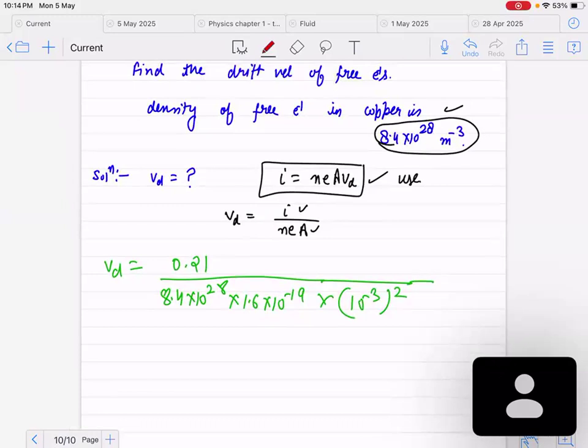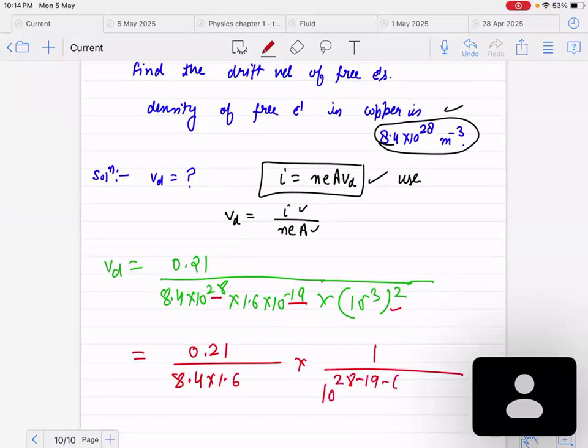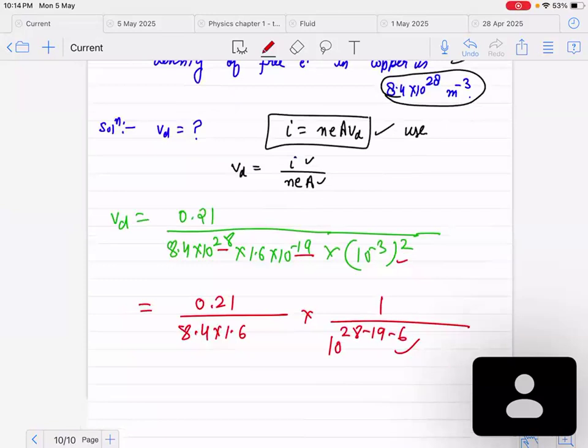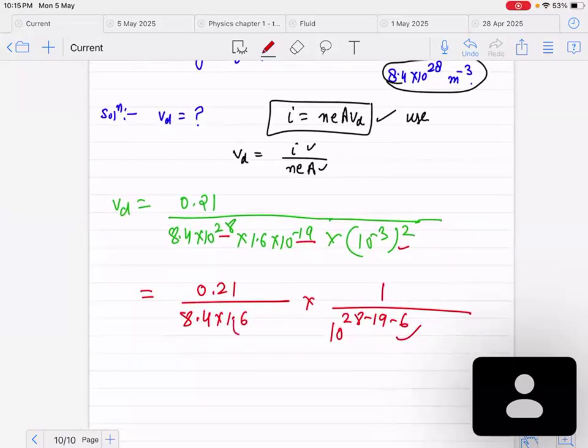Now just take the powers: minus 19 plus 28, so it will be 9, and with minus 6 it is 10 to the power 3.